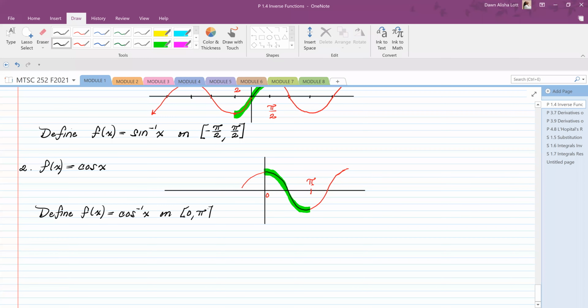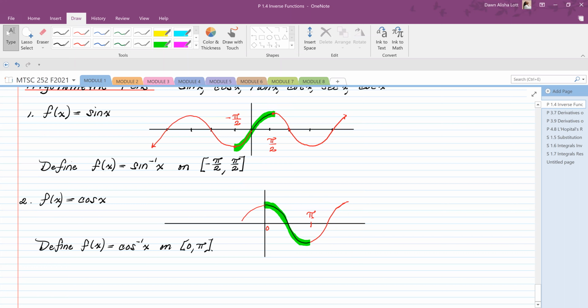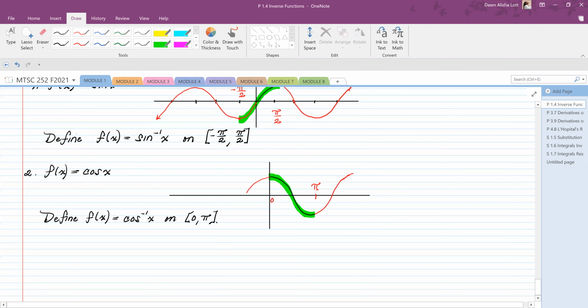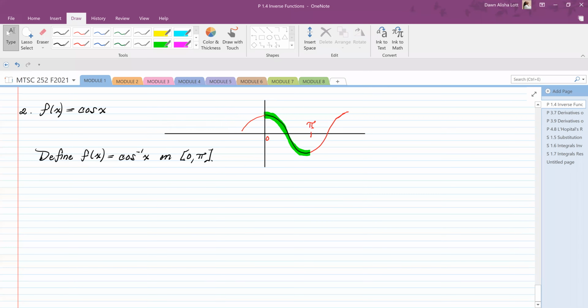And it's on the interval 0 to pi. Now, there are actually 4 other functions. So this is what we get.